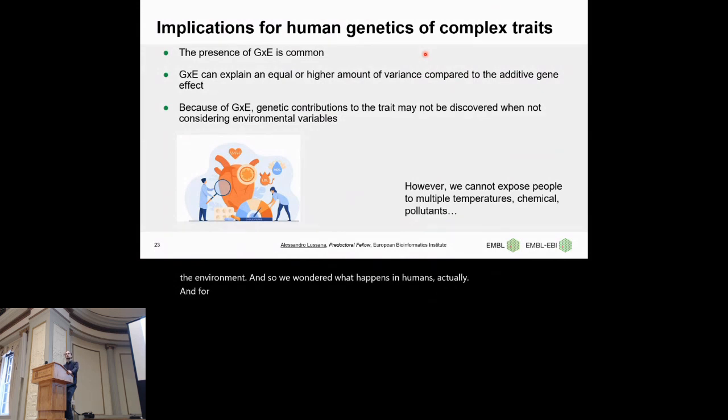For task 2, we had to devise a way to account for the environment in humans without, though, breaking ethics and exposing thousands of people to different temperatures like Medaka fishes, or chemicals, or sleep patterns and so on.